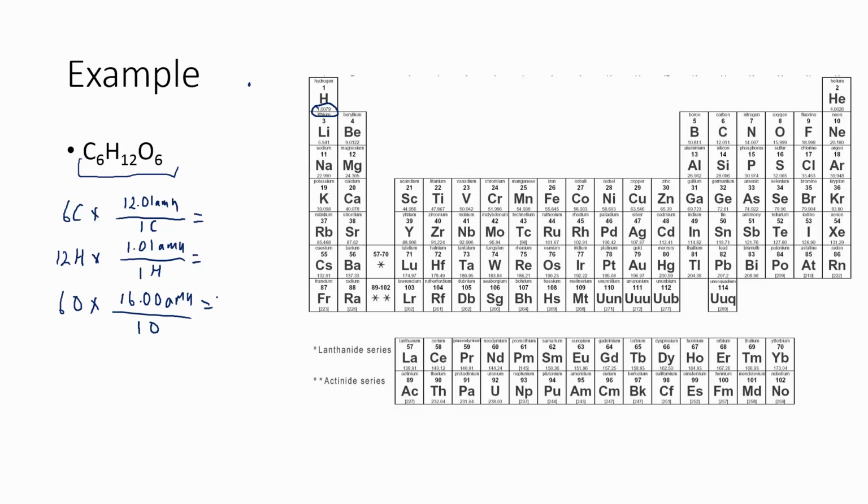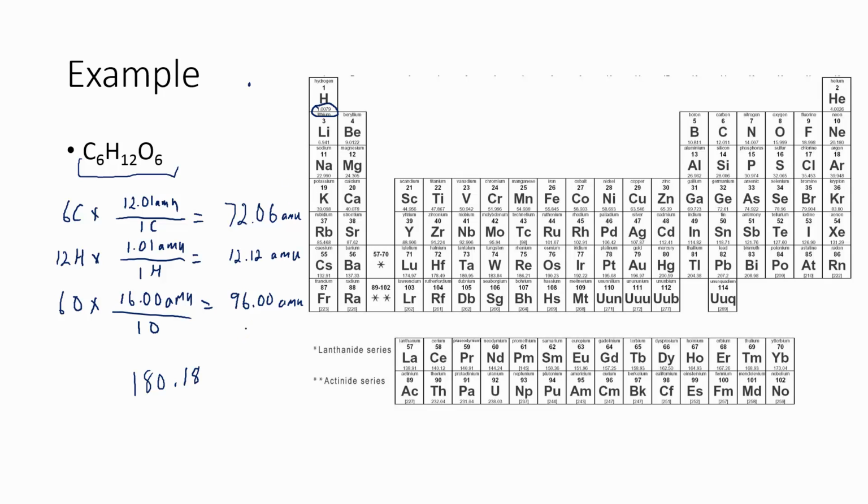So 6 carbons, 6 times 12.01 gives me 72.06. Probably shouldn't have needed a calculator for that, but oh well. 12 times 1.01 should be 12.12 AMUs, and 6 times 16 gives me 96.00 AMUs. So for the whole thing together, add 12.12, 96.00, and 72.06, and we get 180.18.